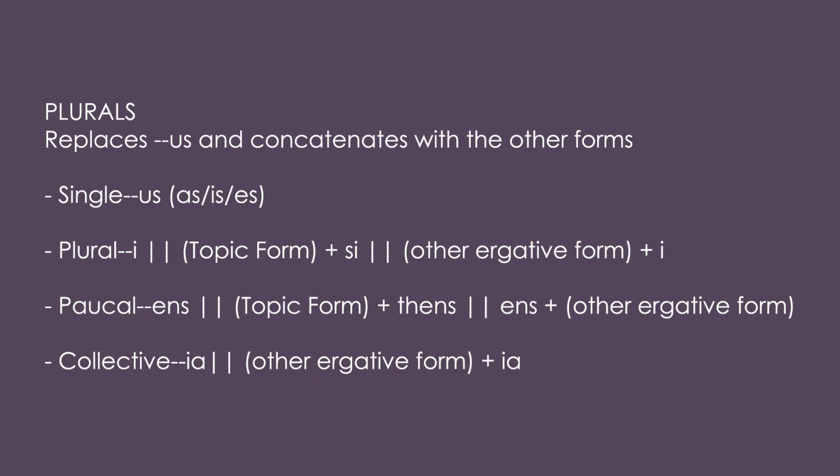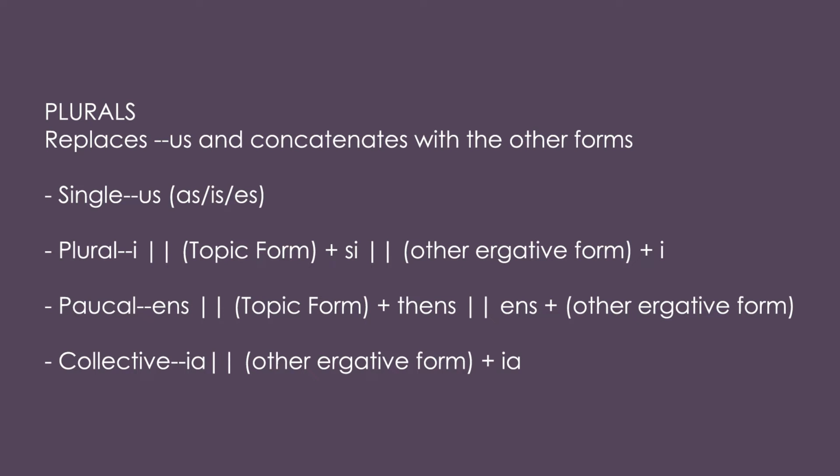The forms of this: single, you just leave it as is, with the correct ergative ending to it. With plural, you add i, or if you're in topic form, you add si. And if you're in some other ergative form, you add i to the end. In palkal form, you add ens.